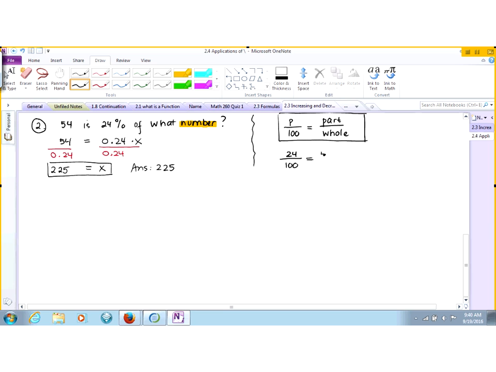Part, which one is part? 54. And the whole? X. We don't know what the whole is. The whole is the total. So same thing. 24x is 5,400. So X is 225 also. Same thing.